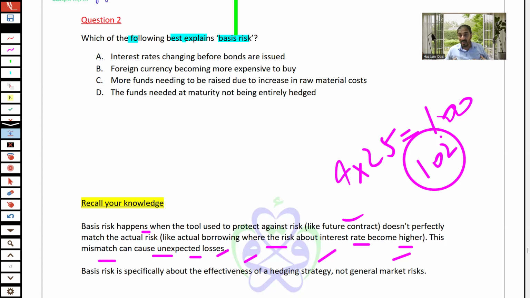It's not possible for me to change the market. Instead, I have to adjust accordingly. I actually wanted protection of 102,000, but due to the contract size, I am only able to protect 100,000.